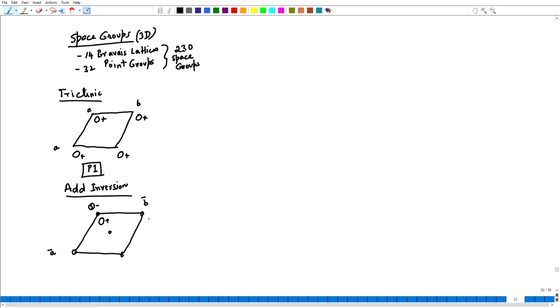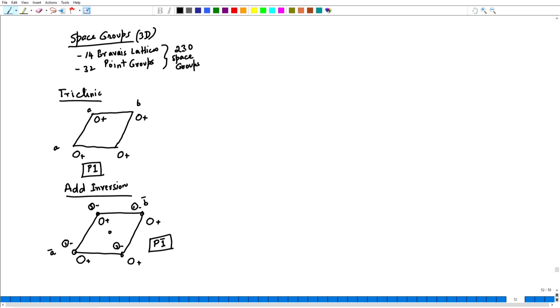The translations will bring it here. And this is how this pattern will look like, and this space group, let me call it P1 bar.